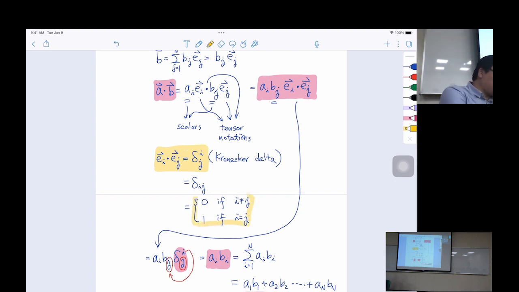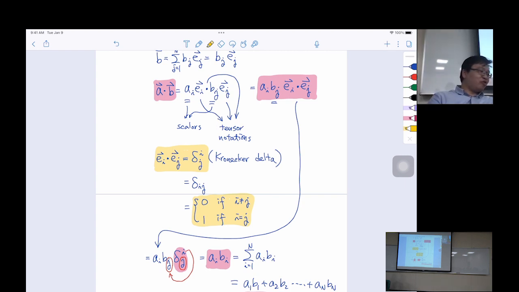Kronecker delta truly is this, and e_i dot e_j truly is this. They are the same. I'm not going to prove it, because proving it is very straightforward. Just listing out the possible combinations.